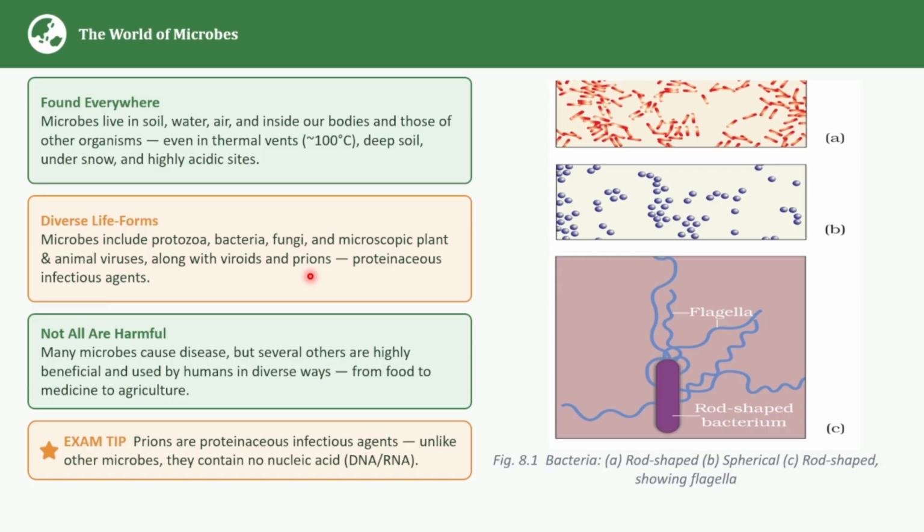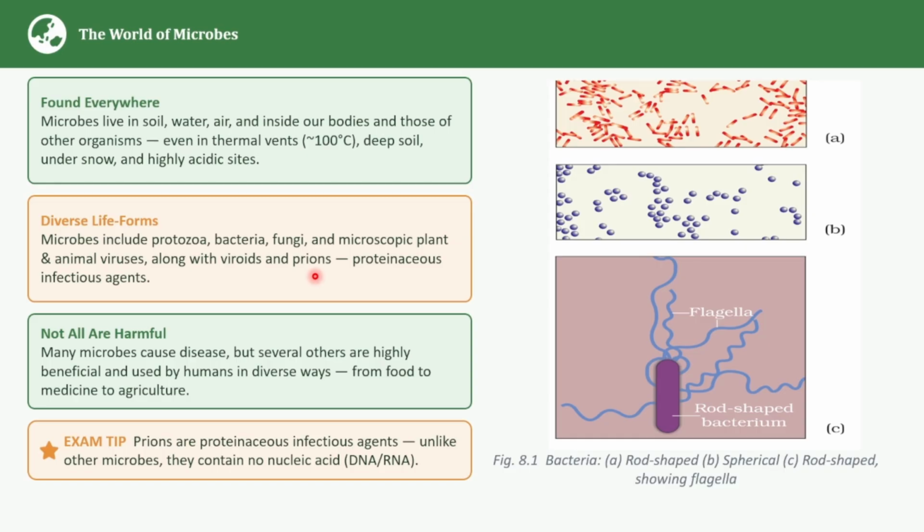Now, are all microbes the same? Definitely not. Microbes include many different types of microscopic life forms and also infectious agents. Some examples are bacteria, fungi, and protozoa. And we also come across viruses, which can infect humans, animals, plants, and even bacteria. There are also very small infectious agents called viroids or prions.